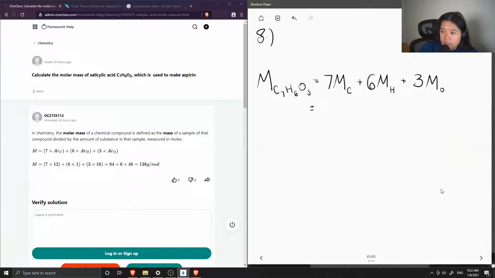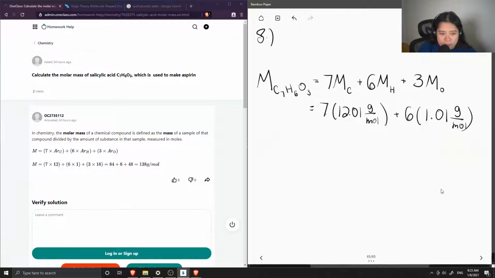In the case of carbon, if we were to look up its atomic mass, it is 12.01 grams per mole. In the case of hydrogen, it's 1.01 grams per mole.